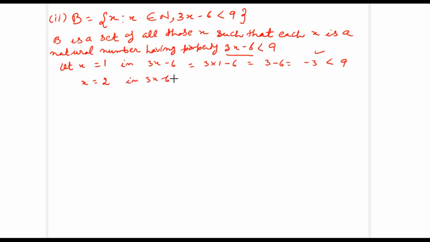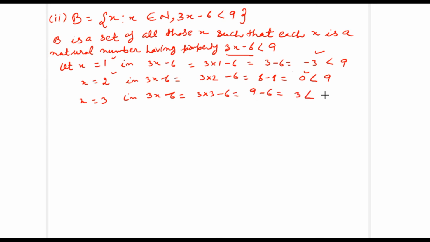We will get 3 into 2 minus 6 equals 6 minus 6 equals 0, which is also less than 9. This is also included, that means 2 is also our answer. x equal to 3 in 3x minus 6: 3 multiplied by 3 minus 6 equals 9 minus 6 equals 3, which is less than 9. So we can take it.